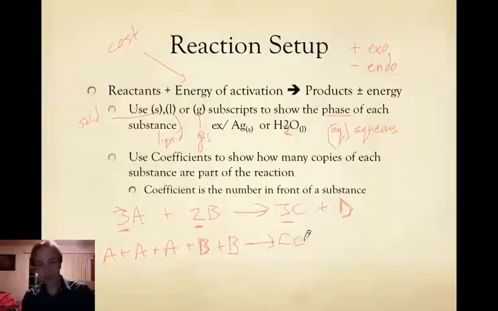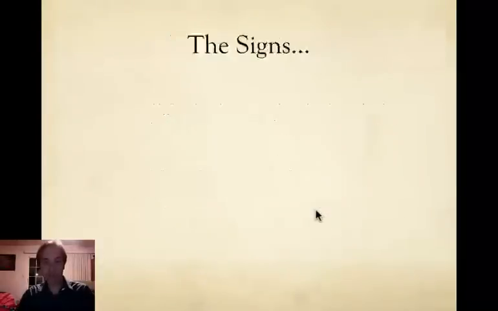So C plus C plus C plus 1D. Okay, so I could write it out that way, but that's a long and kind of tedious way of doing things, right? By using coefficients, we're able to condense this. It makes it faster to write, it makes it less work, and we're still communicating the same information.